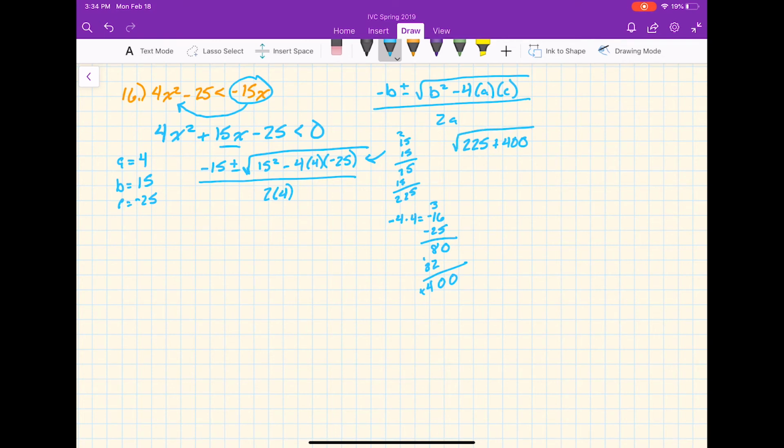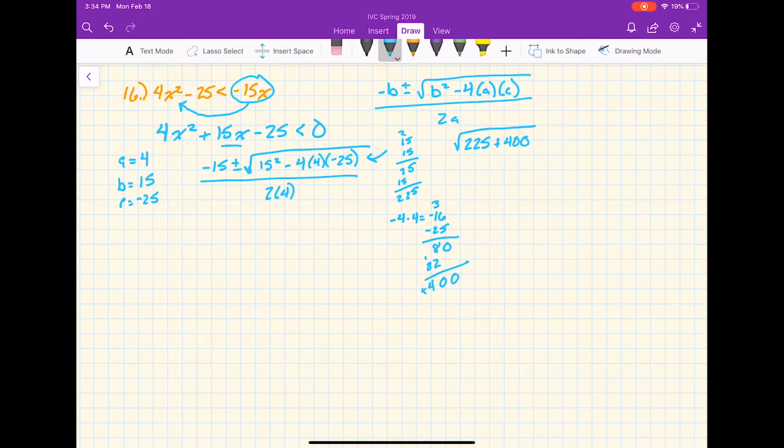That's, of course, under the square root. Add those together, we get 625 under the square root. And 625, I believe, is 25 times 25. I think this works out nicely, so let's just check. 25 times 25. 5 times 5 is 25. That's 50.